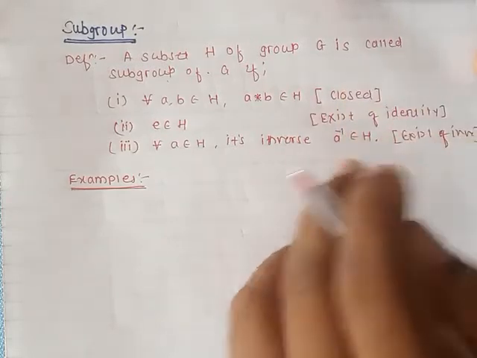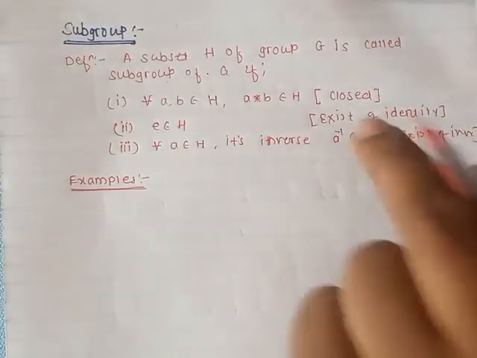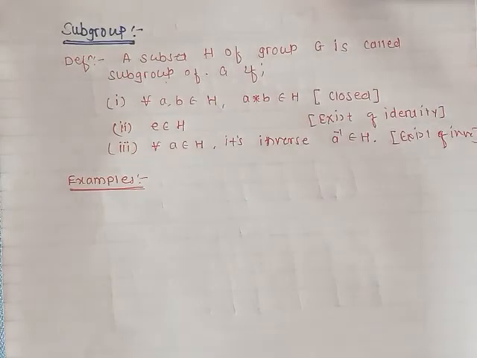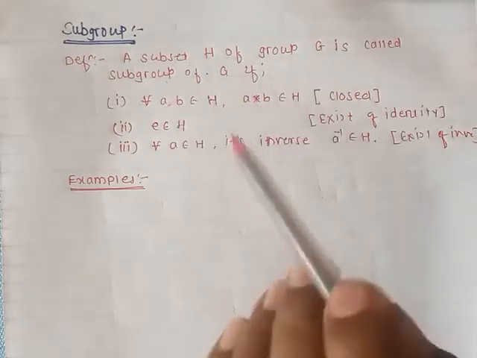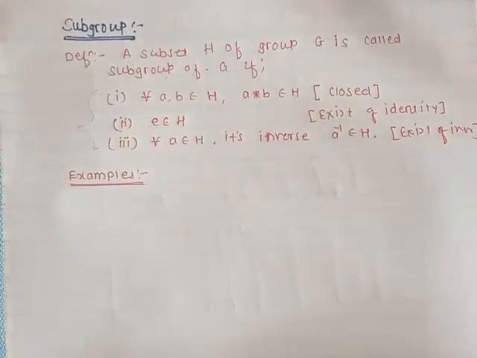These three conditions are all from the definition of group. Only associativity is not considered here because associativity is satisfied by inheritance. So H is called a subgroup of group G if these three conditions are satisfied.